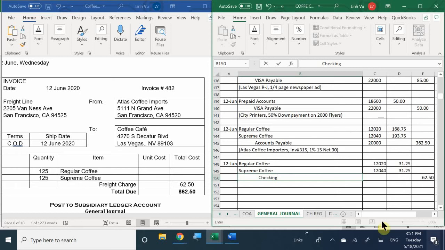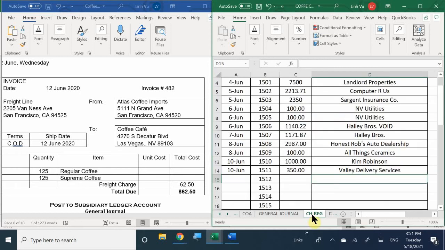Because now we wrote a check on the 12th of June for the amount of $62.50. And this is to Freight Line, because that's where the billing information is from. The company that shipped us the coffee is called Freight Line.